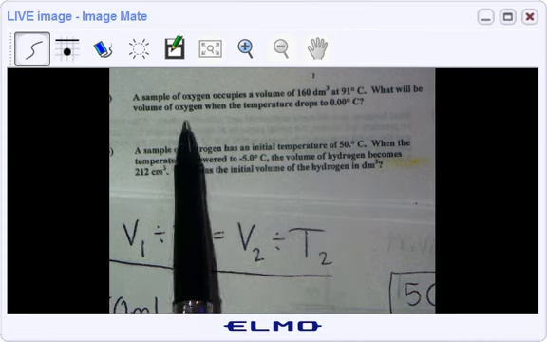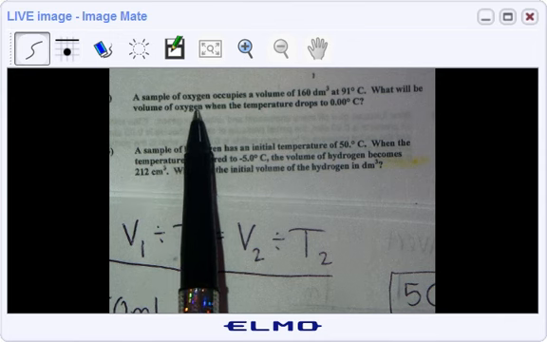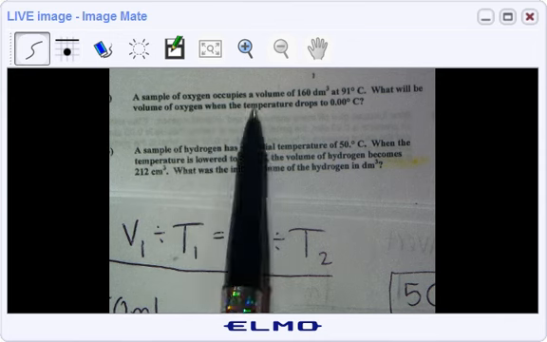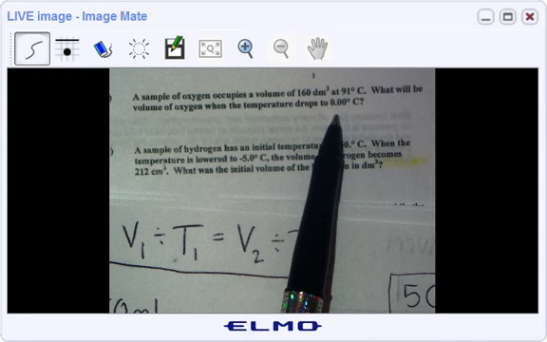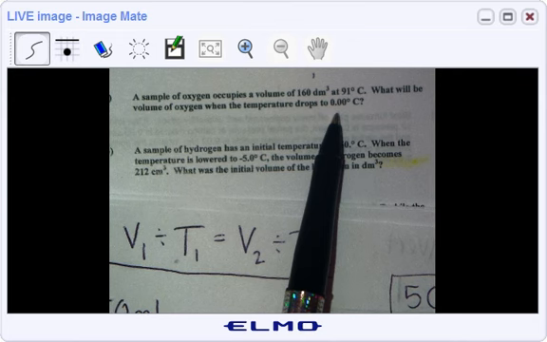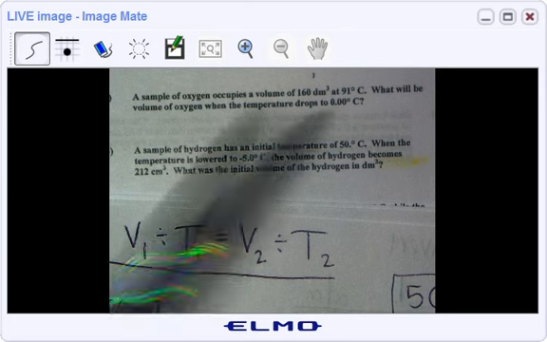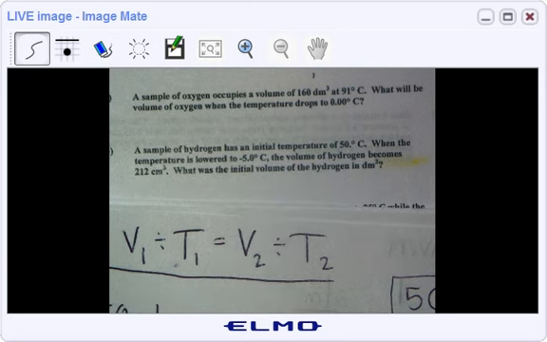What will be the volume of oxygen, so V2 is your unknown, when the temperature drops to 0 degrees? So in this case, you don't have to add anything to get the final temperature. It's already giving you T2 as is. Like the final temperature will be 0 degrees. And you will convert that to kelvins, and by doing that, you just add 273 plus 0. So this isn't 0 degrees, it's 273 kelvins.